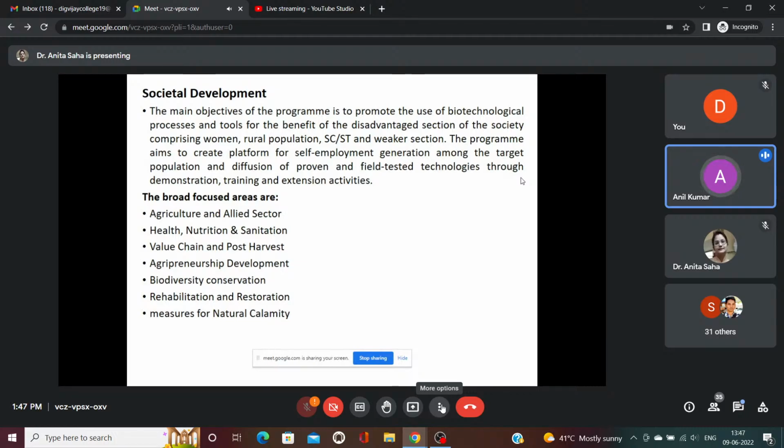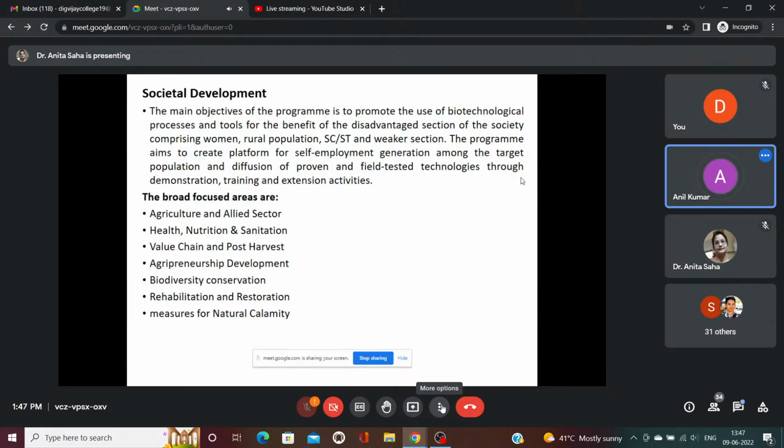It may generate employment, and besides, it will also be helpful for the correction of our environment. For such proposals, DBT is ready to support anyone, not only people from the discipline of biotechnology but from any discipline, but the work should be dedicated to the benefit of society.